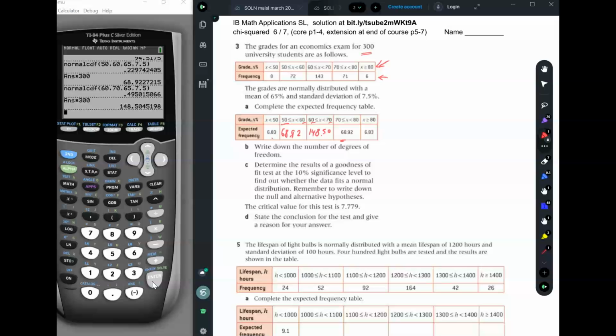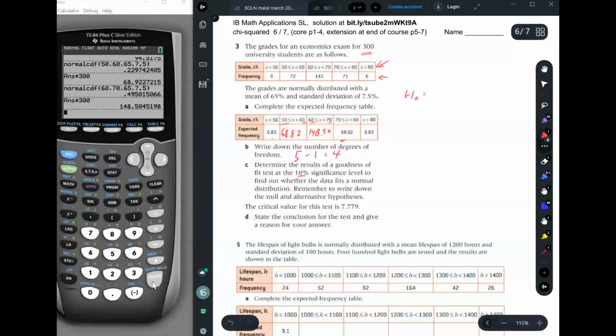Write down the number of degrees of freedom. The number of degrees of freedom: there are 1, 2, 3, 4, 5 numbers in this row. It's going to be 5 minus 1, which is 4. Determine the results of a goodness of fit test at a 10% significance level to find out whether the data fits a normal distribution. Remember to write down the null and alternative hypotheses.